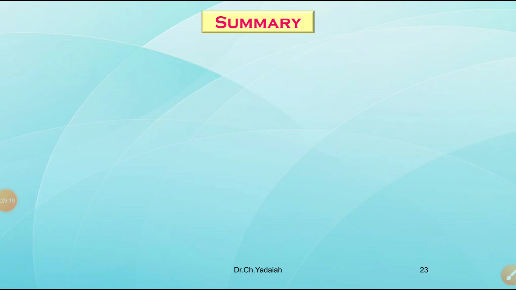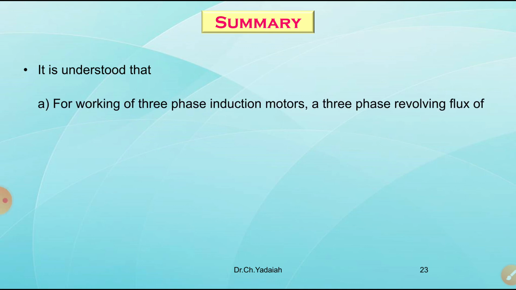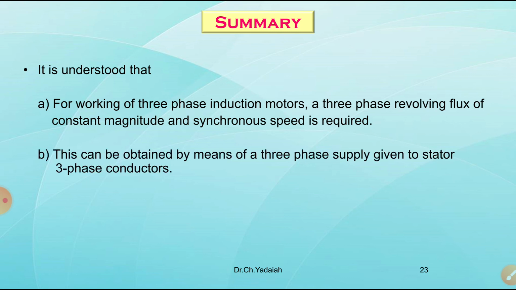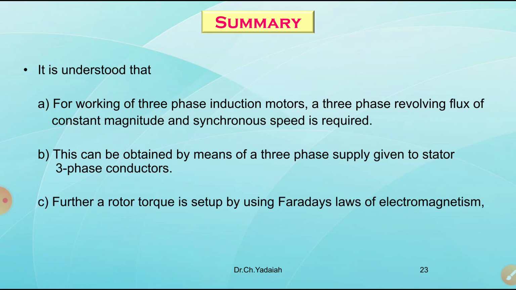Now, let us see the summarization. It is understood that for the working of three-phase induction motors, a three-phase revolving flux of constant magnitude and synchronous speed is required. This can be obtained by means of a three-phase supply given to the stator three-phase conductors.